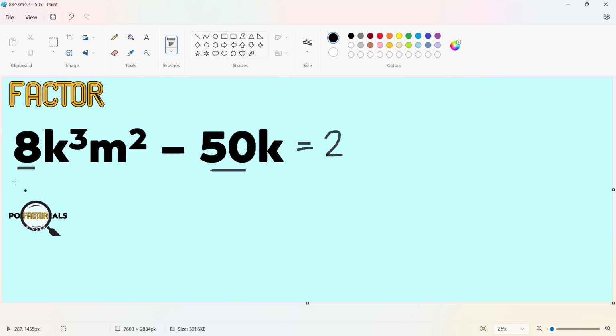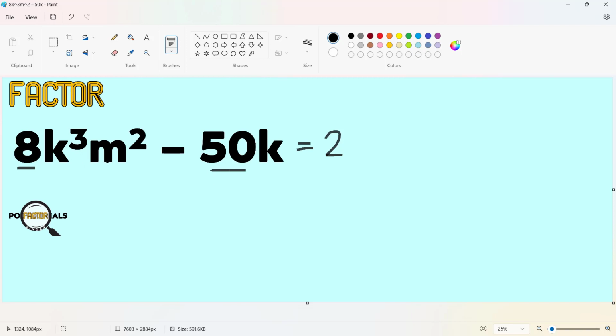Because when you divide 8 by 2, it will be 4, and 50 by 2, 25, and both 4 and 25, aside from 1, have no other common factors. So we have 2 for our numerical coefficient. We'll write the 4 and 25 a little bit later after we are done with our literal coefficients.